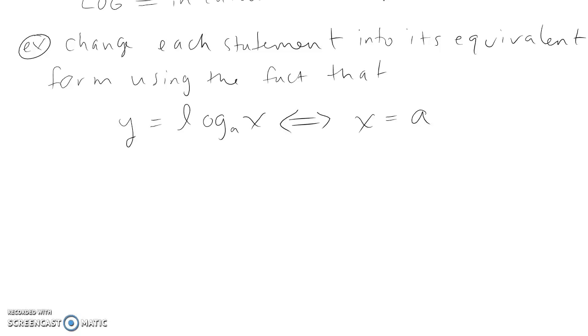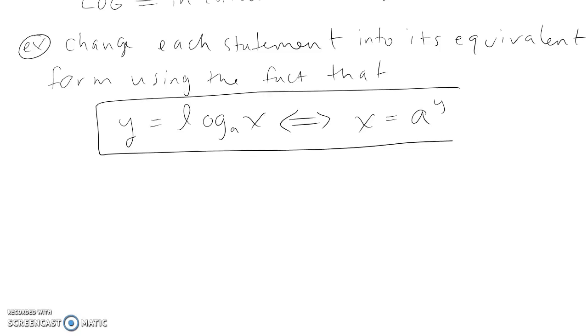x is equal to a to the y. Okay, this is a very, very important thing. In fact, it's the formal definition of logarithm. So let's see what's happening. Over on the right-hand side, we have x equaling some exponential function.